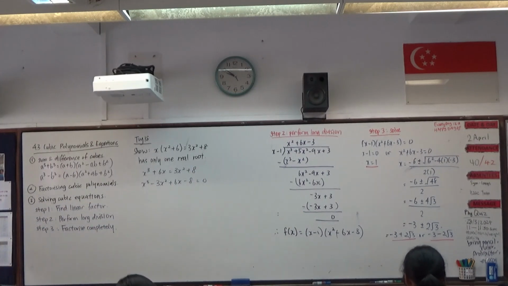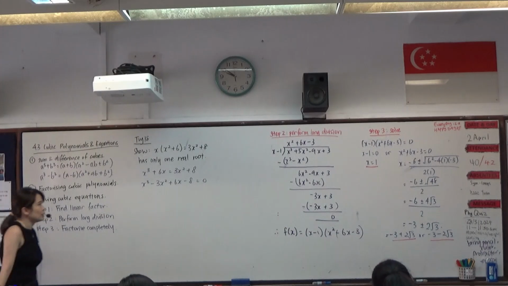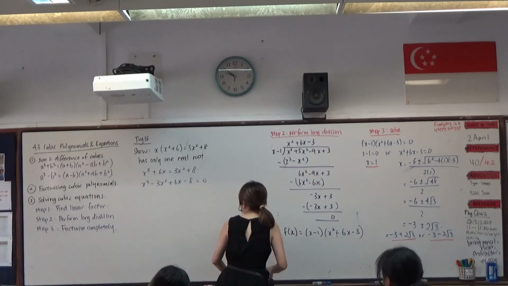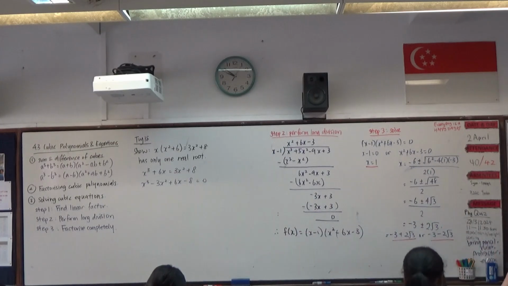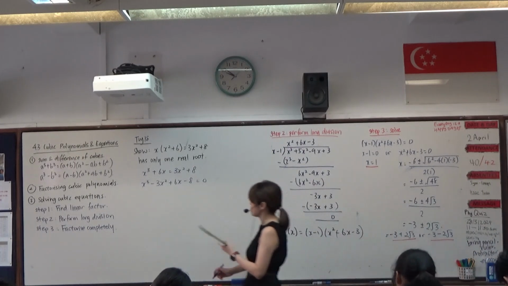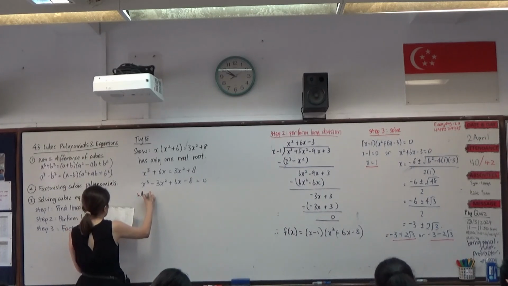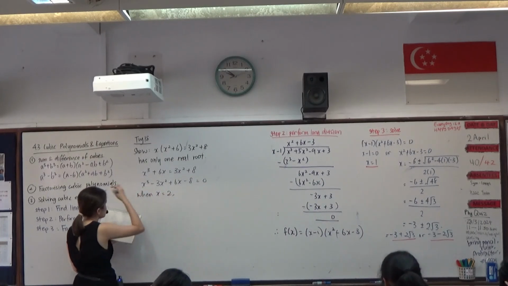So we get this, right? Then the steps remain the same. I'm not going to bore you with the same steps again, so I'll just do it on the whiteboard. Use your calculator. x equals to 2.